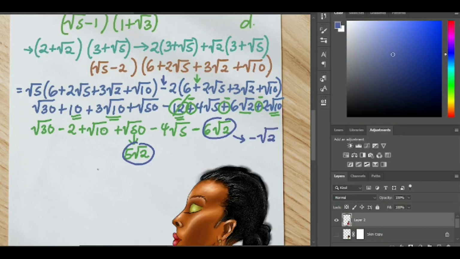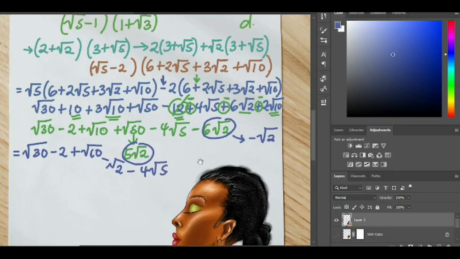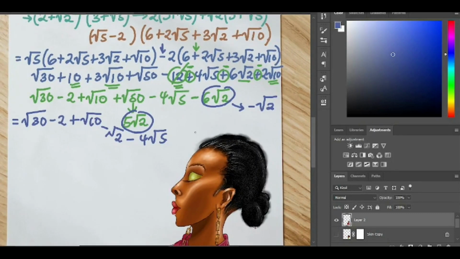Then root 10 will remain that way, then root 30 will also remain in that format. So our final answer for the numerator will be root 30 minus 2 plus root 10 minus root 2 and then minus 4 root 5.